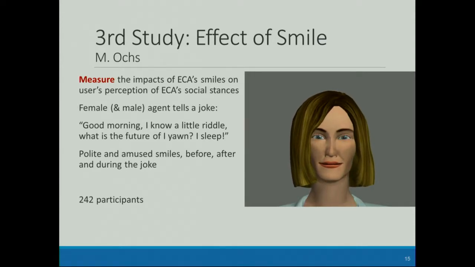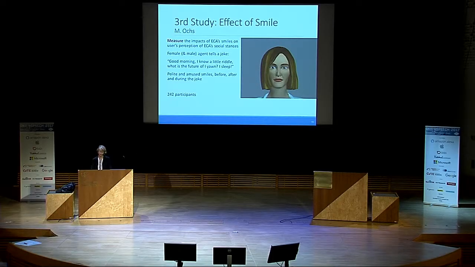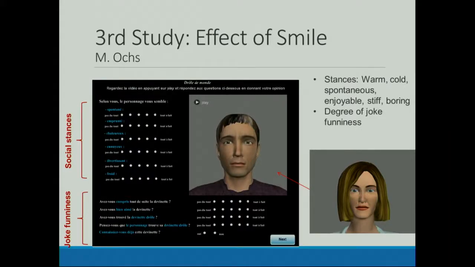Okay, so you could see 3 different types of smiles: polite, amused, and polite. And wherever we wanted, we could put either another type of smile or no smile. And we had 242 participants. Again, the participants had to watch the videos.